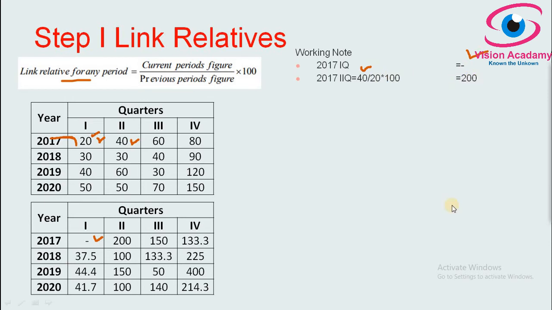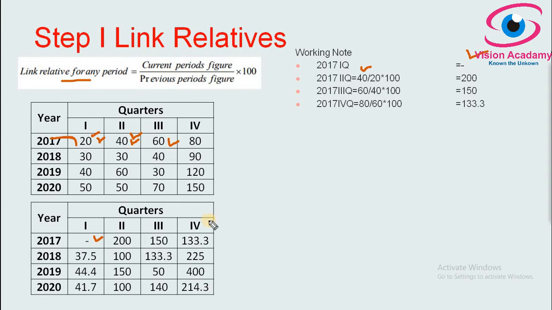Then let us calculate for the third quarter. The current period figure is 60 and the previous period figure is 40. So 60 by 40 into 100 is 150. Let us go for the fourth quarter. The current period is 80, the previous period is 60, into 100, that is 133.